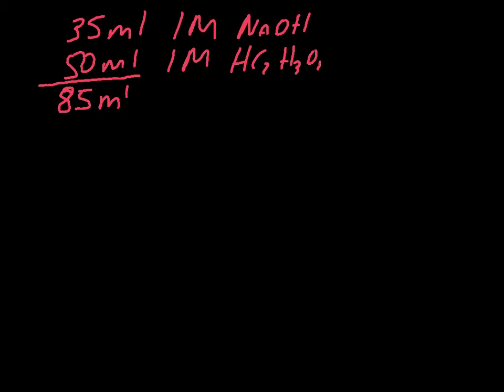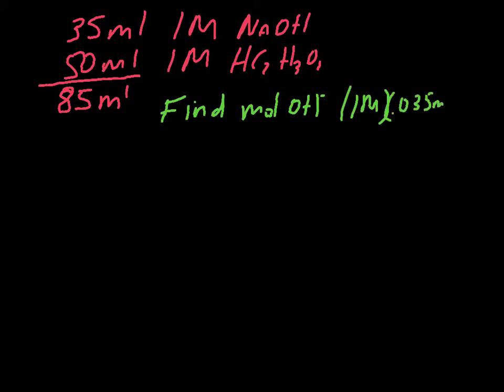So the first thing I'm going to do is find the moles of OH- added. I had a 1 molar solution, and I'm going to multiply that by 0.035 liters, and that means I have added 0.035 moles of base.